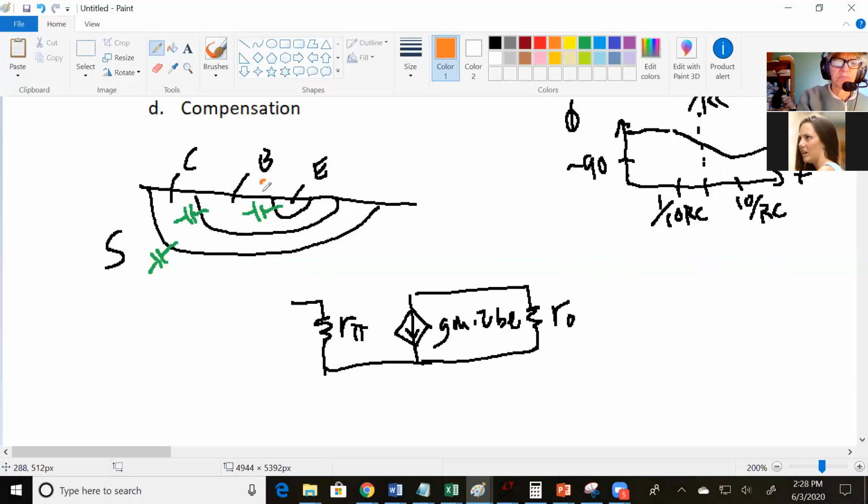CBE is also C pi. You could call it CBE if you'd like. And it goes from the base to the emitter. So let's mark, this is the base, this is the emitter, this is the collector. So I know I've got a capacitance that goes from the base to the emitter. So I find the base and I find the emitter, and it goes right there. Okay, I'll give you 30 seconds to draw in the other 2 capacitances on the small signal model.